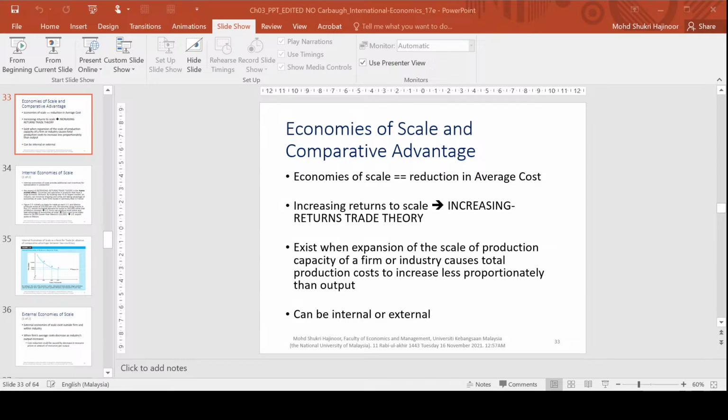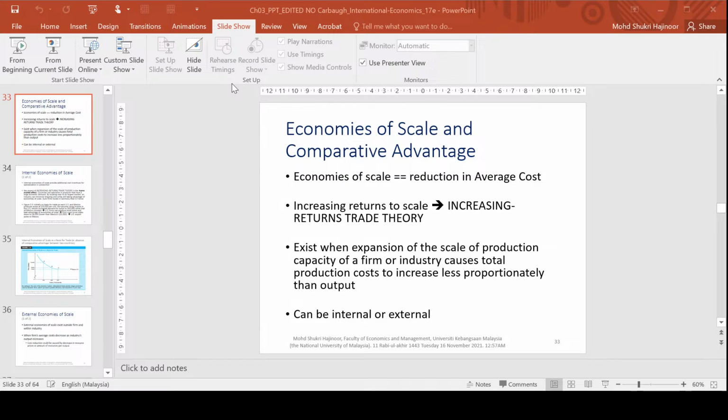Here, internal economies of scale become a reason for trade between two countries, even though there is no difference in comparative advantage based on factor endowment. No difference. See, no difference, same line. But trade will happen because of other things. What? Internal economies of scale. Got it?